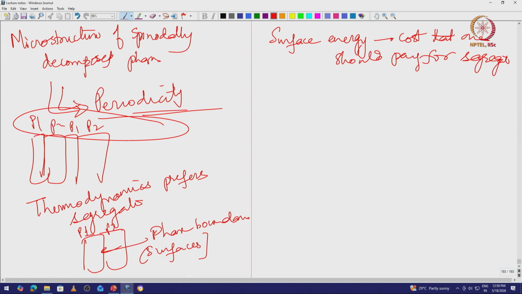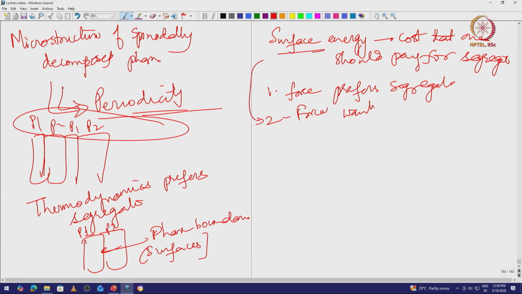So, one force prefers segregation, another force coming from surface energy wants to minimize the number of surfaces.